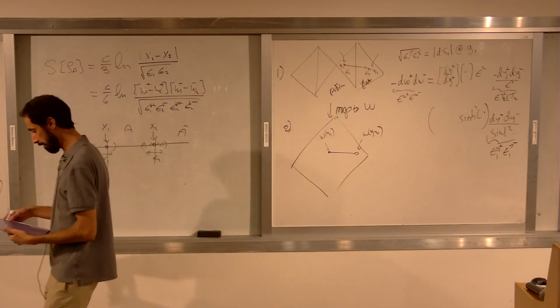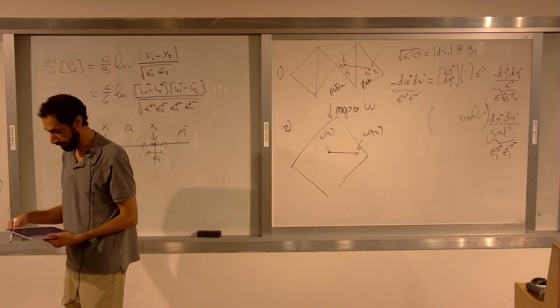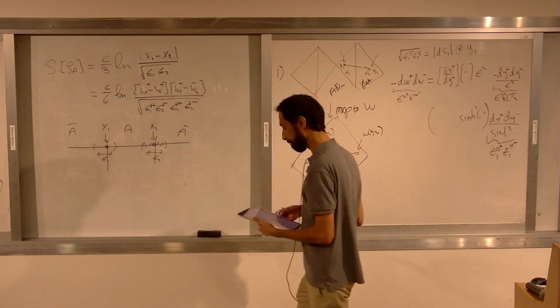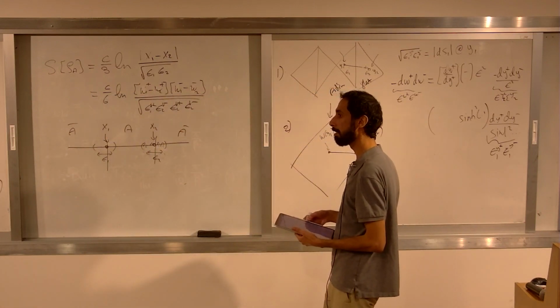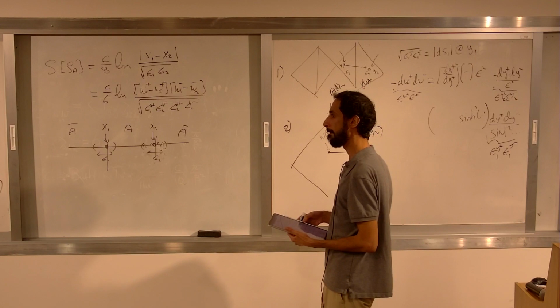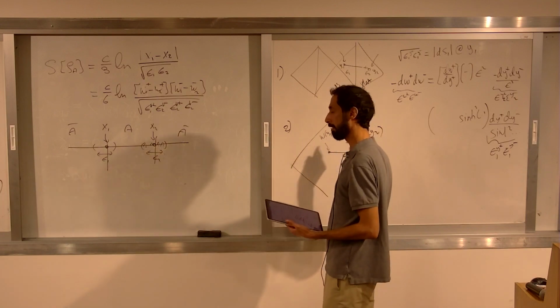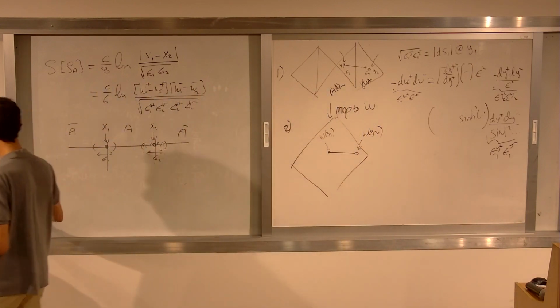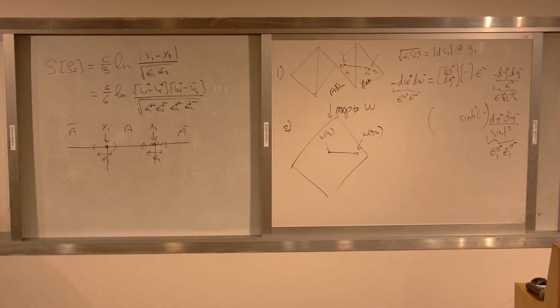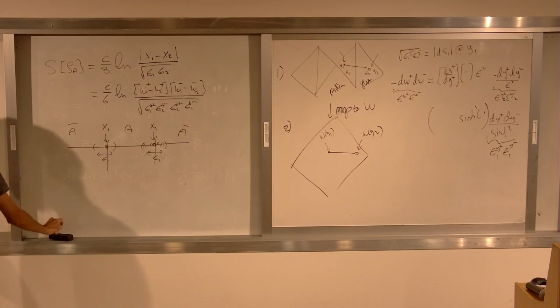Very good. Now we have the formula, so let's apply it. Yes, what is the purpose of doing the calculation? Why am I talking about this? Because of the following application. Let's go back to our spacetime.